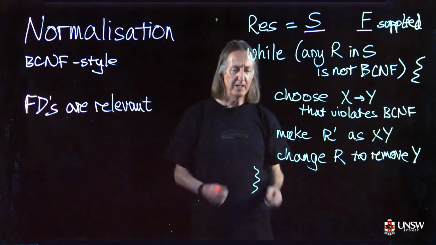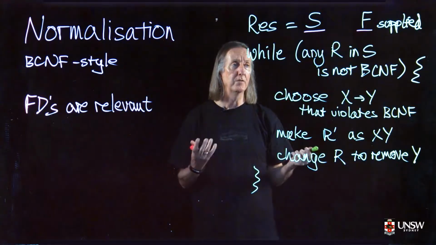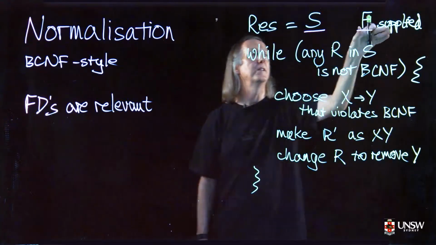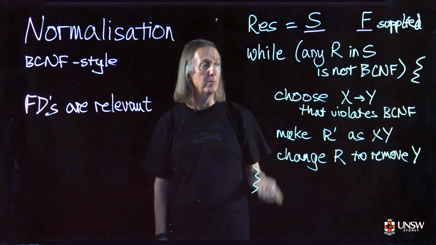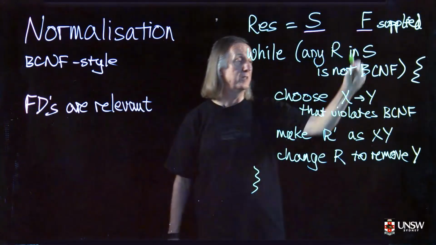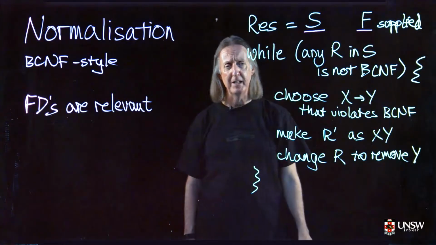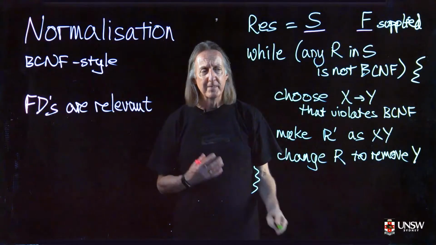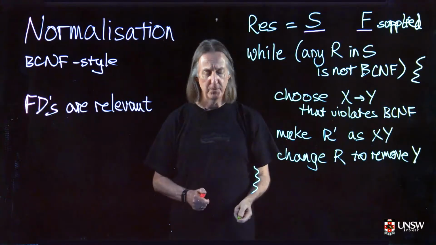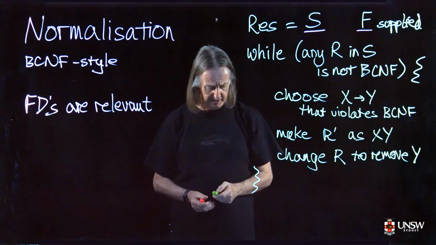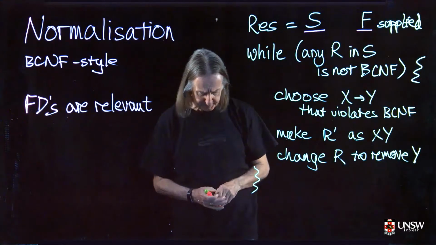So that algorithm there will actually allow us to convert any schema with a given set of functional dependencies into BCNF form. Another thing to notice here is that we never change the set of functional dependencies, but we do start to ignore some if they're not relevant to the decomposed versions of the tables that we've produced.